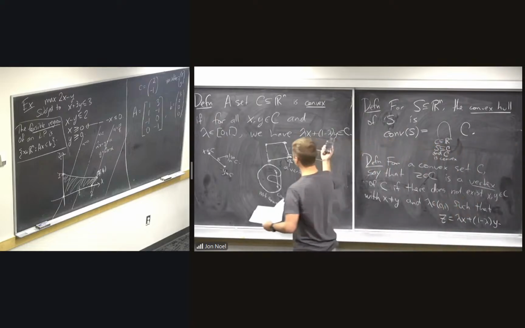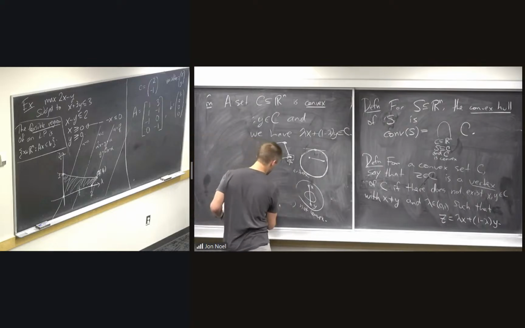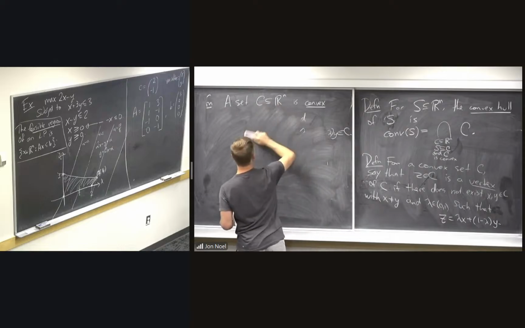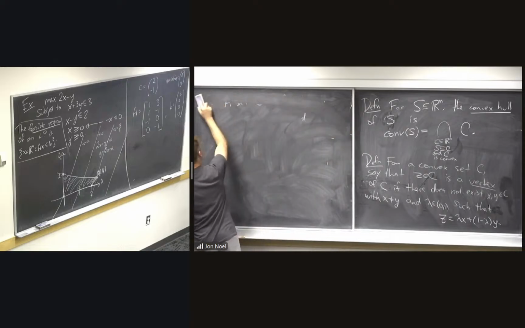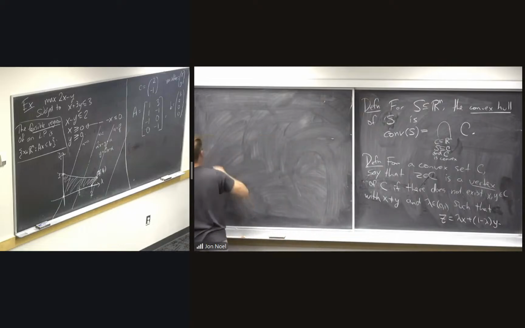We want to talk about linear programs, so let's bring this back to that. I want to define something called a polyhedron, which is just like the feasible region of a linear program.